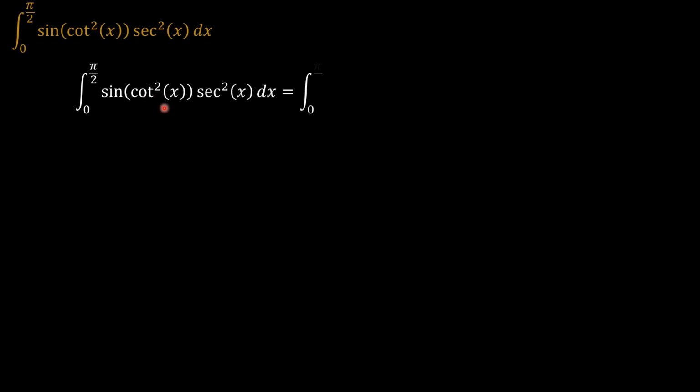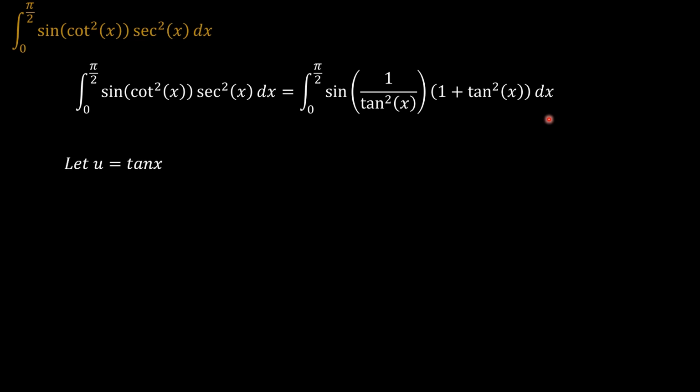So first things first, what I would do with this problem is express everything in form of tangent. So cotangent squared x is the same as 1 over tan squared x, and sec squared x is the same as 1 plus tan squared x. Then the next thing is I would say let u be equal to tan x, such that du/dx is the same as sec squared x, and therefore du over sec squared x is equal to dx.